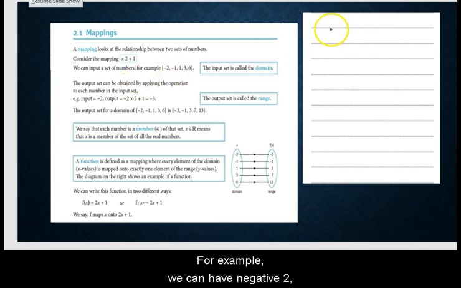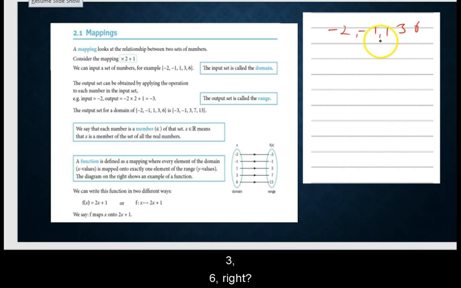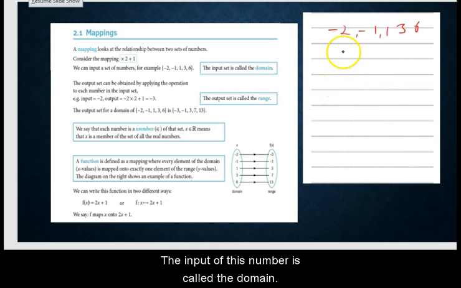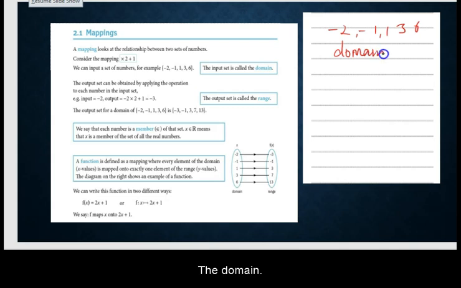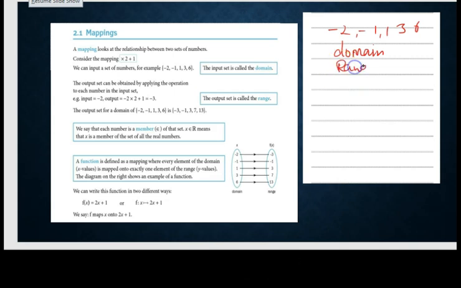For example, we can have -2, we can have -1, and then we can have 1, 3, 6, right? The input of this number is called the domain. The domain. And that takes you to the output, which will be called the range, right?